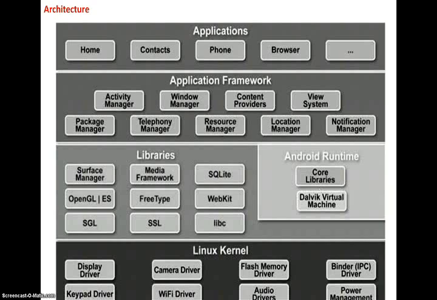It contains the Android runtime, which has the virtual machine in it. And the last layer is the Linux kernel, which has all the drivers for Android to work seamlessly. So you all know that Android is developed from Linux.